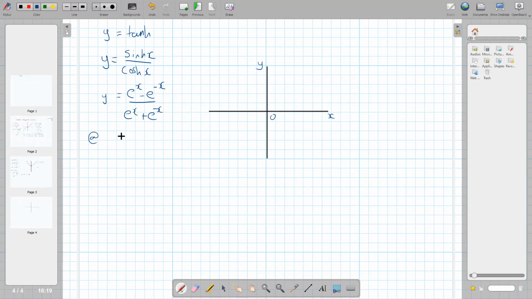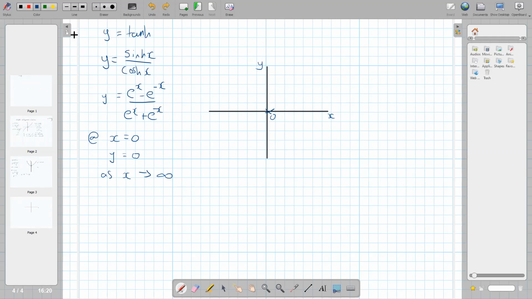So at x equals 0, e to the x, which is e to the 0, is 1. 1 minus 1 is 0. So it's just going to be 0. This is going to cross through at the origin, like the hyperbolic sine did. What about as x tends to infinity, gets large to the right, so positive infinity? Well, what's going to happen?